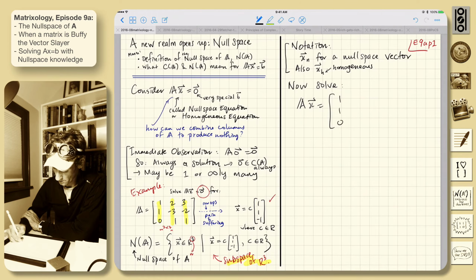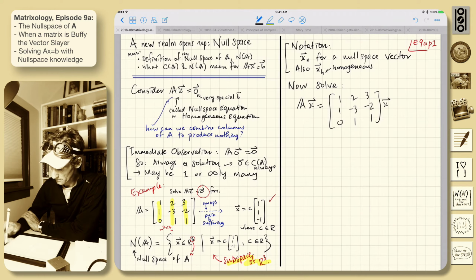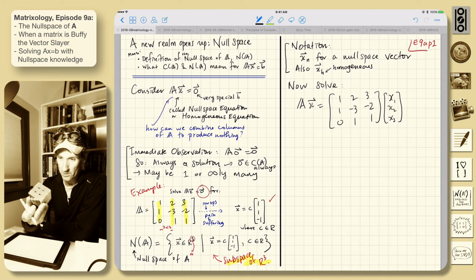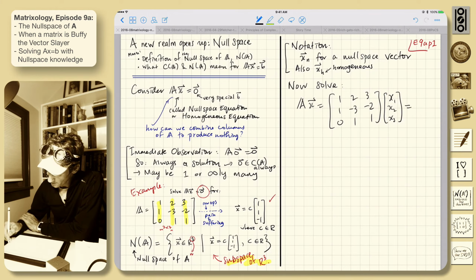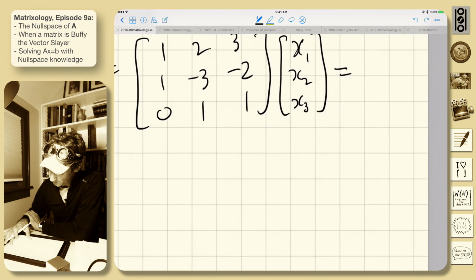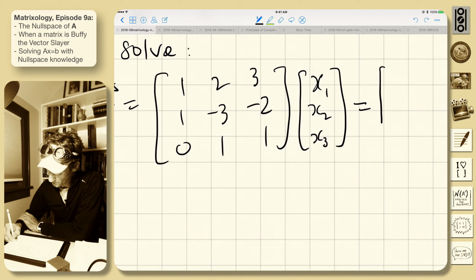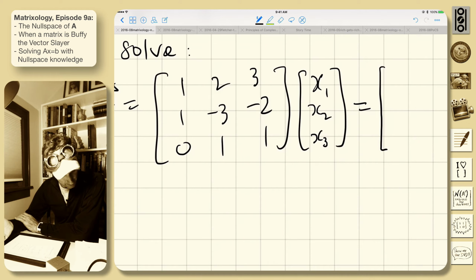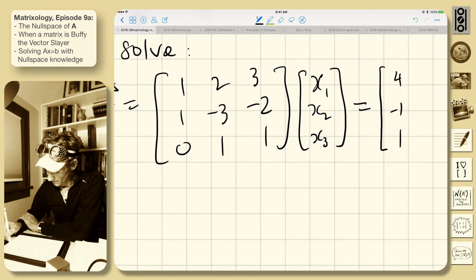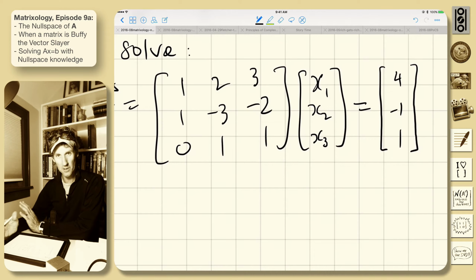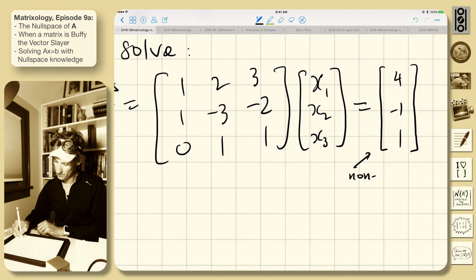This is 1, 1, 0, 2, minus 3, 1, 3, minus 2, 1, times X, which is X1, X2, X3. These things don't do themselves, it's unfortunate. And let's put a problem in here with B equal to 4, minus 1, 1. So a non-zero, interesting B.